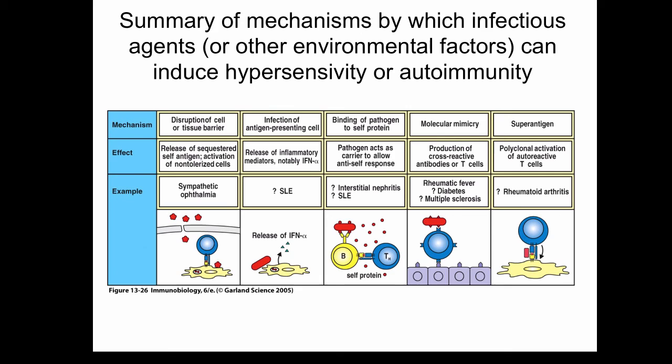Another important mechanism that's involved with bypassing immunoregulatory controls is associated with infection in a variety of ways. And so when we're infected with microorganisms, that induces an inflammatory microenvironment.